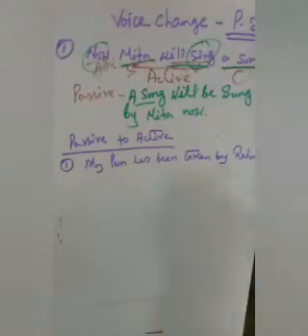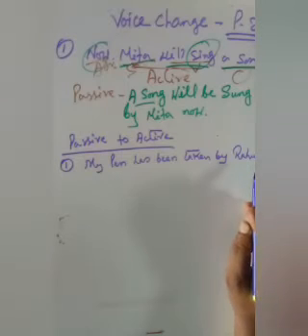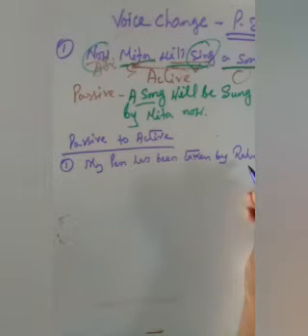This is the sentence. If you see the previous video, you will find different rules on how to recognize whether a sentence is written in active or in passive. I will provide the link of the first part in the description box. If you need, you can follow it from there.